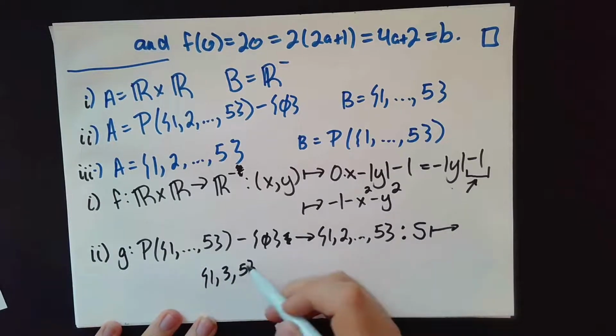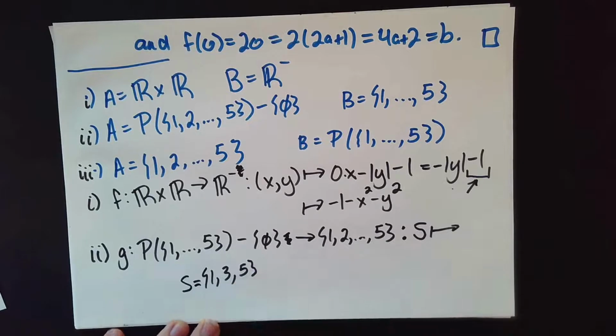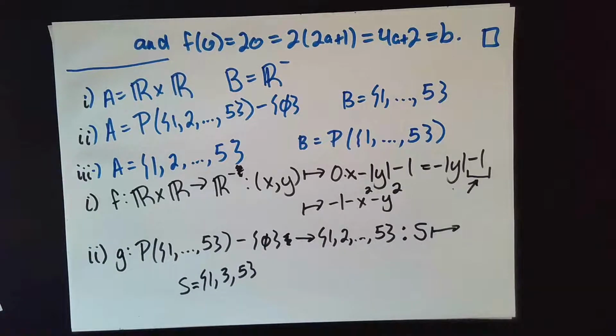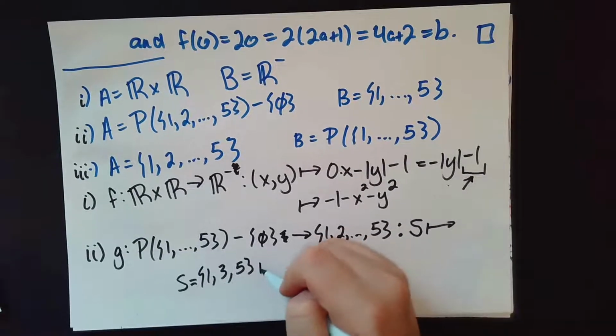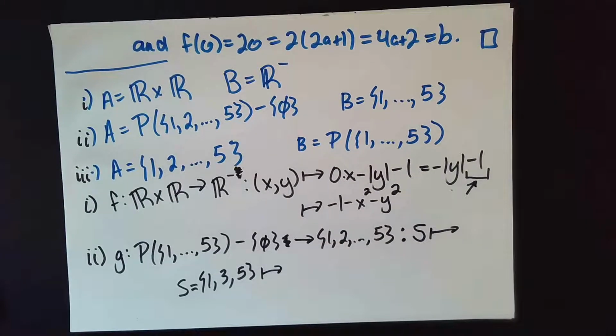Again, the thing I'm putting into the function is some set like the set 1, 2, 3, 5, sorry, that's what I wrote down. What number do you want to associate with this set?